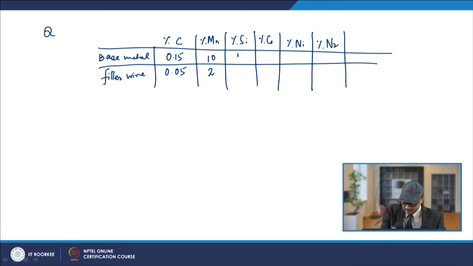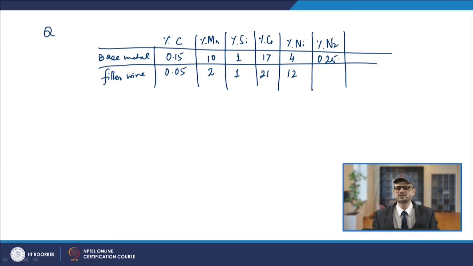Similarly, you have 1% silicon in both the cases, and chromium is 17% for base metal and 21% for the filler wire, and nickel is 4% for base metal and 12% for the filler wire, and nitrogen is 0.25% in the base metal. So, what you have to do is find the maximum and minimum amount of the ferrite phase which is possible in the weld metal. So, that you have to calculate.